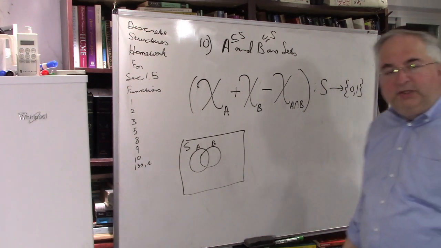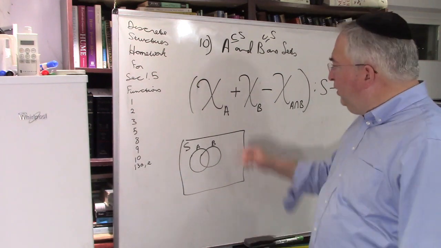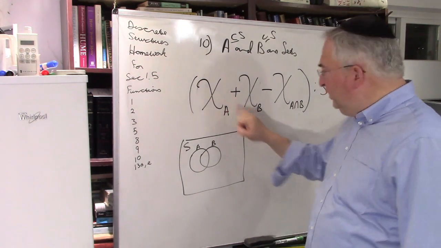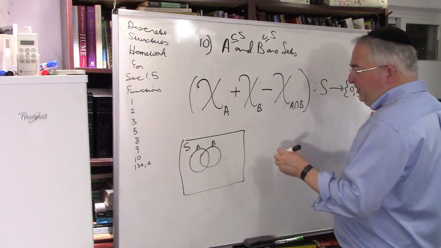Okay, but we never saw this before. We know how to add numbers. We don't know how to add functions. What does that mean? We don't know how to subtract functions. What does that mean? So what it means is as follows.